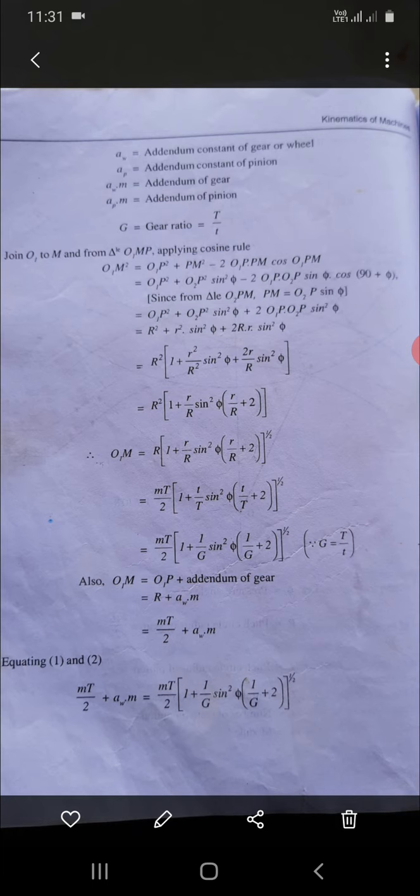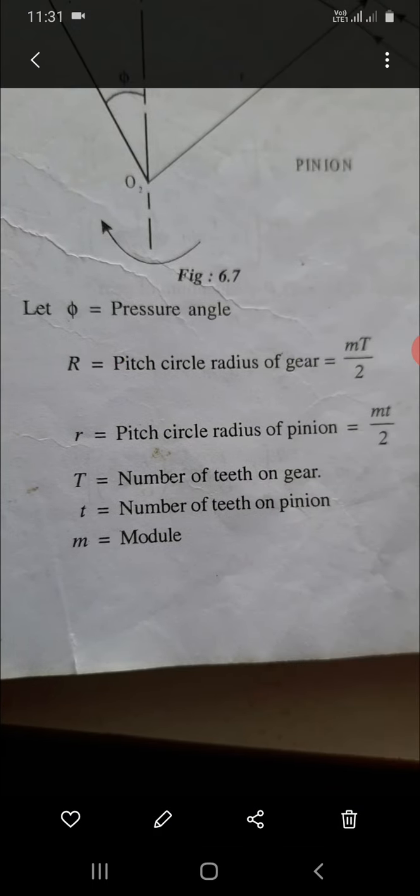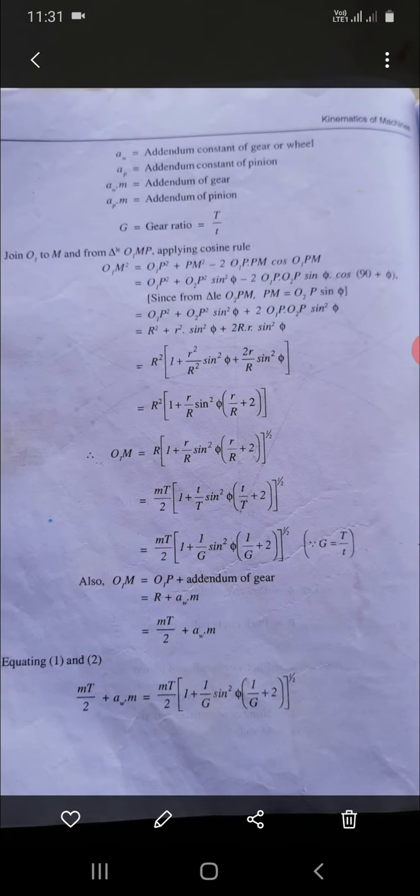Now join O1M. From triangle O1MP, applying the cosine rule, O1M squared is O1P squared plus PM squared minus 2 O1P times PM cos O1PM.